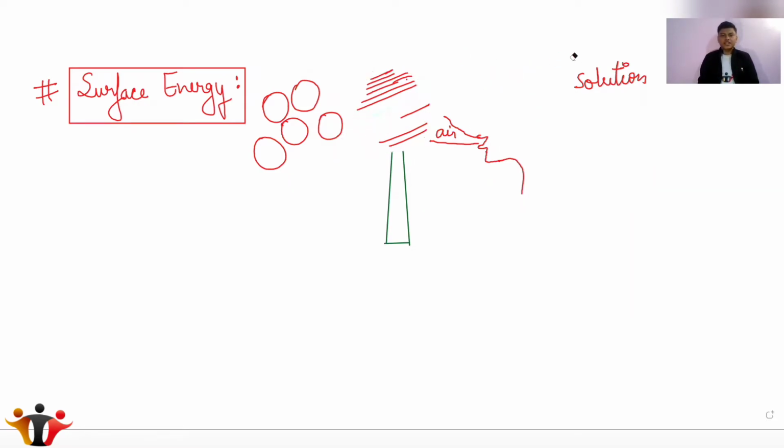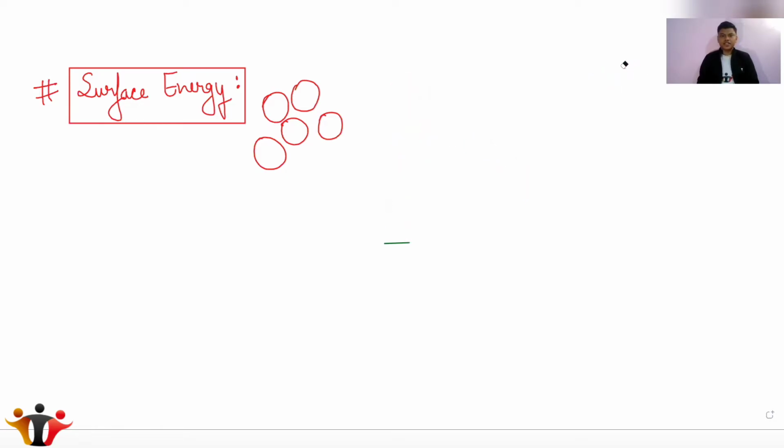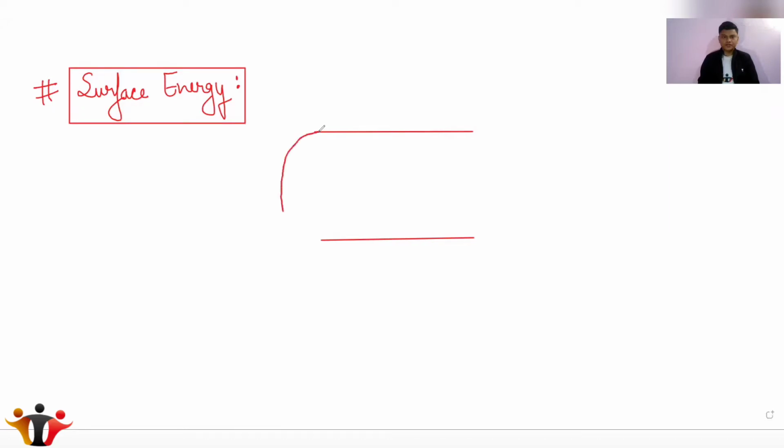Let us now consider that we have an arrangement, something like this. Suppose we have two parallel plastic lines in a kind of U shape, and it looks like this.